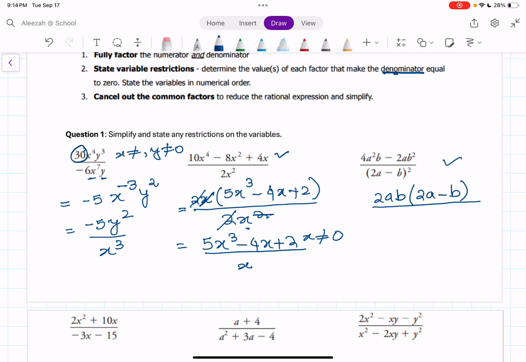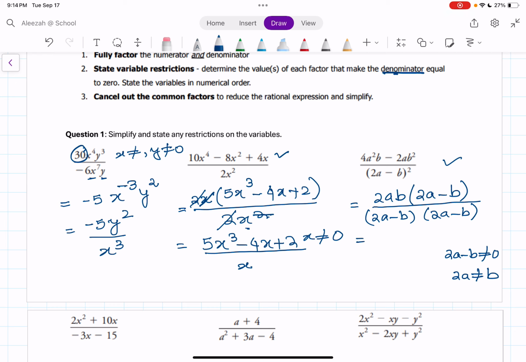And for the denominator, I can write it as 2a minus b times 2a minus b. And before I cancel anything, I have to write the restriction. So here the denominator is 2a minus b, so it means 2a minus b should not be 0. Or you can write it as 2a should not be equal to b. So that is the restriction.